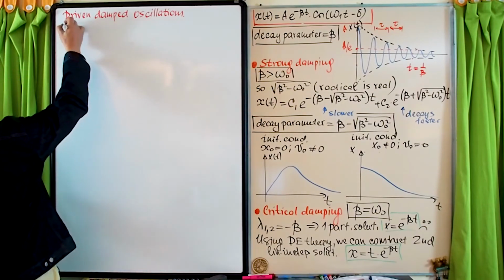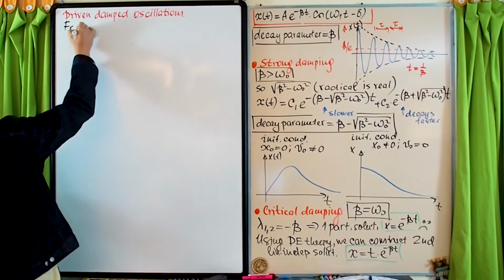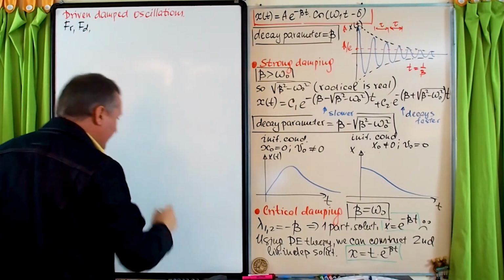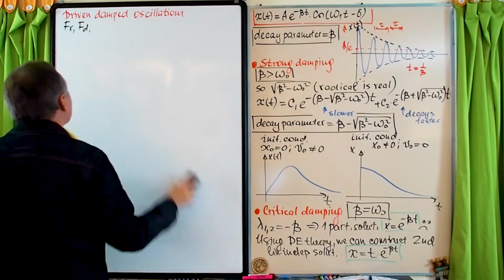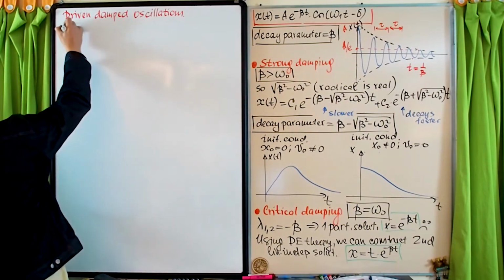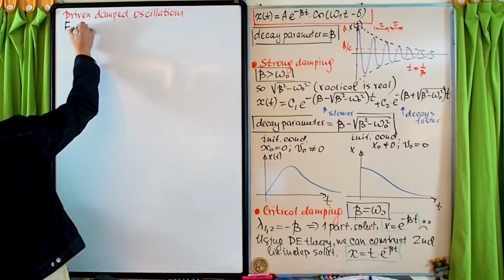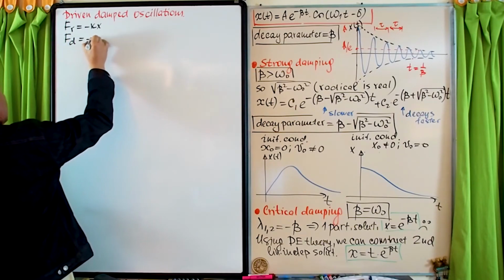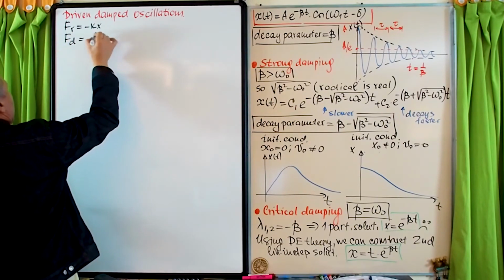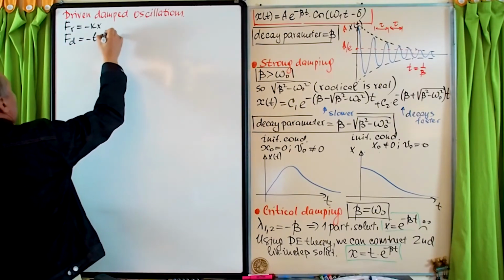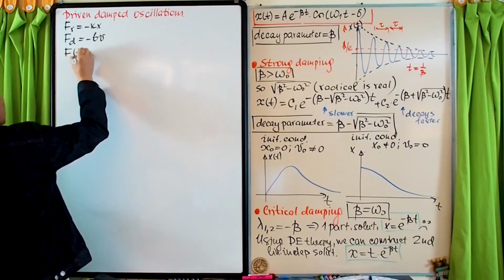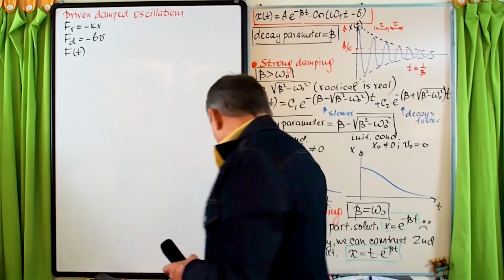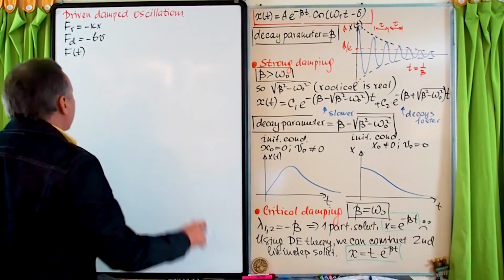F_R, the restoring force, of course, is minus kx. Then the damping force F_D equals minus bv. And now we're going to add F as a function of time, a driving force.